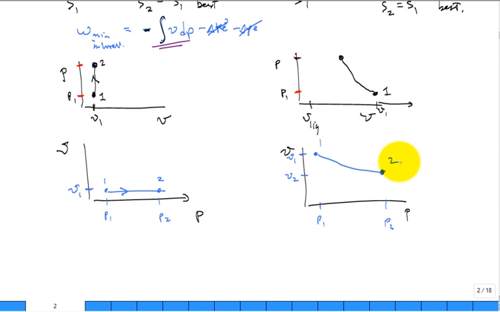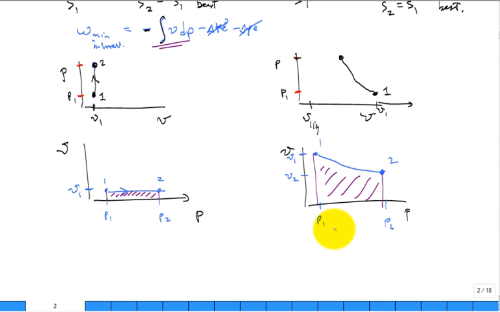Now if somebody said, show me a visual image of VdP, wouldn't it be this? And wouldn't it be this? And guess what? The size of that area signifies the magnitude of the integral VdP. So which one is larger?